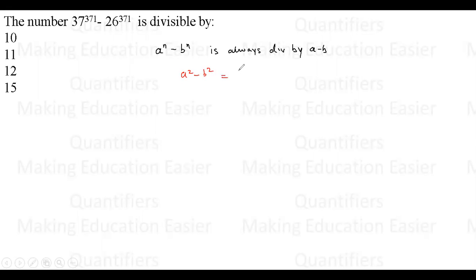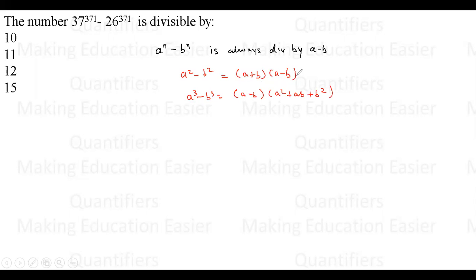Now students, all of you know the formula a plus b into a minus b. And if I talk about a cube minus b cube, this formula is a minus b into a square plus ab plus b square. So students, now in both the cases you can see that a minus b is a factor of a to the power n minus b to the power n, right?